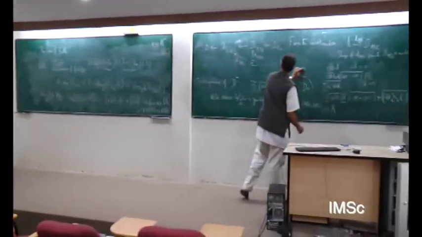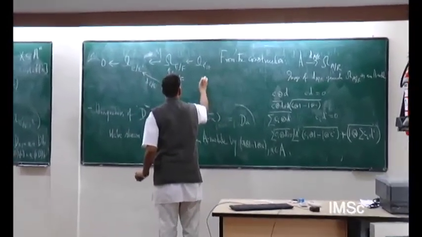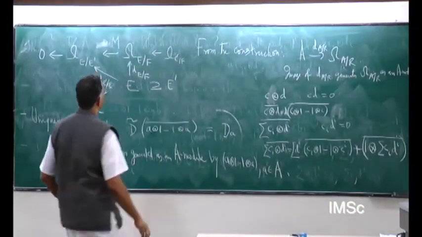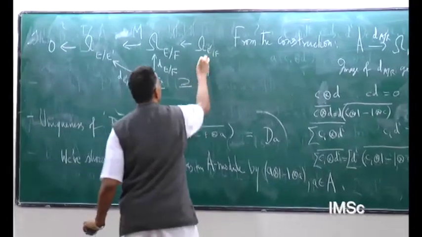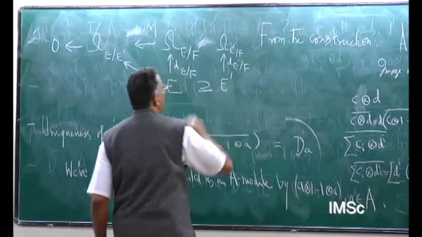Okay. And what do we have? We have another one. We have this. Again, that is natural. Let's see, how do we get this map? So I have all this, right?